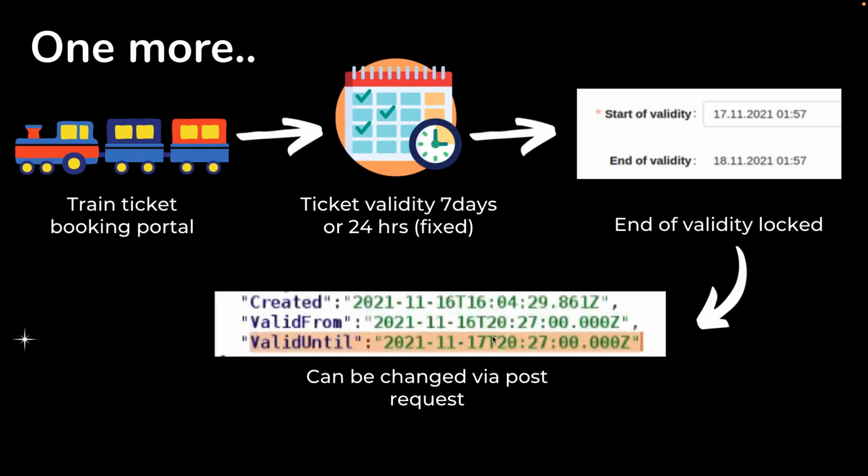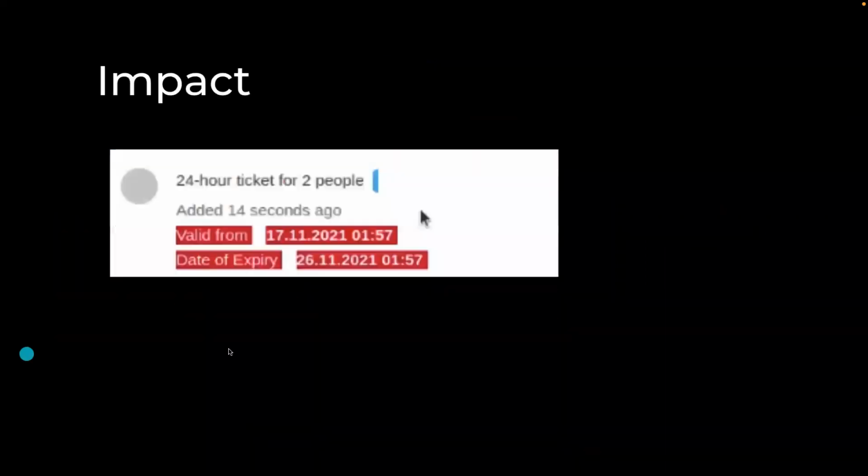If I change the date here, will it work? That was the question I asked myself when I was hunting on this particular platform. And yes, it worked. For a 24-hour ticket for two people, it showed like this. I was able to change the date of expiry and push it ahead by so many days.